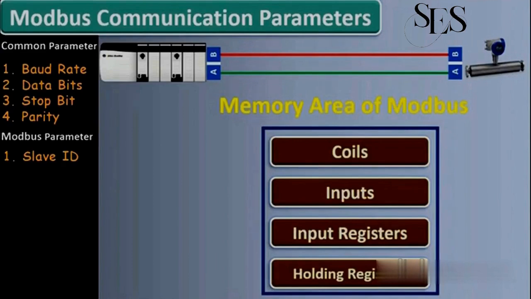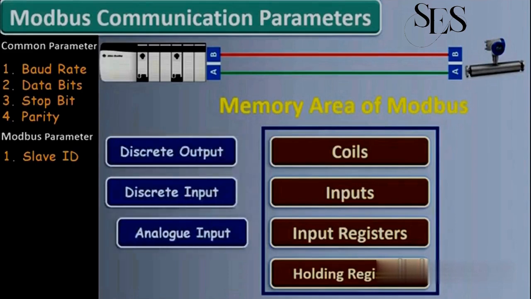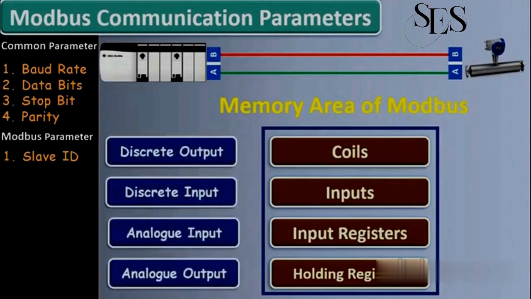Back then, its memory area was defined just as the memory area of a PLC, where coil was the same as discrete output in a PLC, input was the same as discrete input, and input register and holding register were the same as analog input and analog output in the PLC.